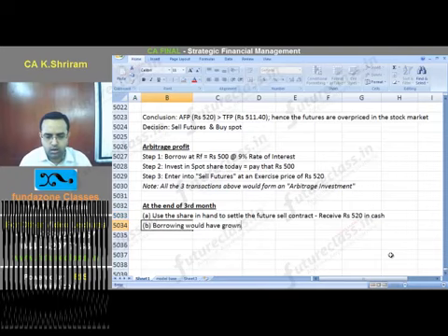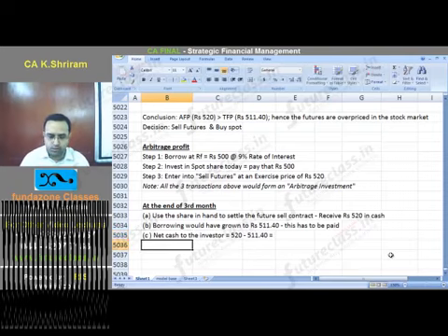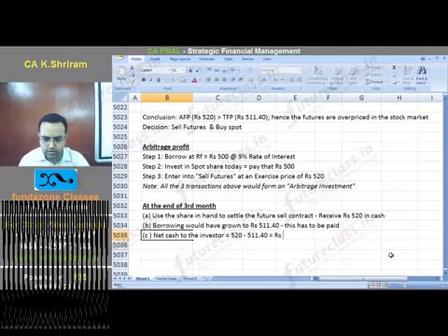Borrowing would have grown to 511.40. This has to be paid. Net cash to the investor equals 520 minus 511.40, 8.6.